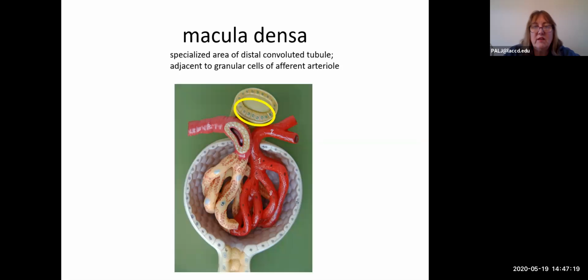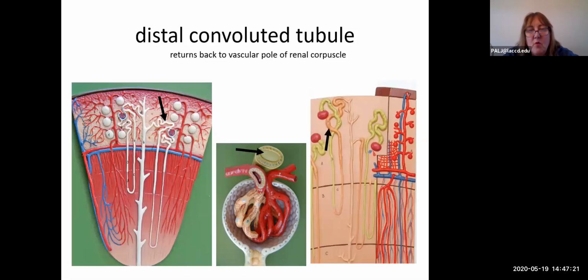So when we look at the distal convoluted tubule, let me go back to this picture where I don't have anything blocking it. I want you to look at the epithelial cells. On this side, you will notice that they are wider apart. And on this side, the side that is closer to the afferent arteriole, what you notice is they are more squished together. And so they have a higher density.